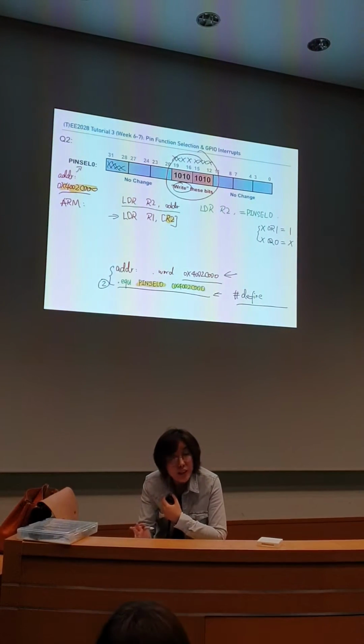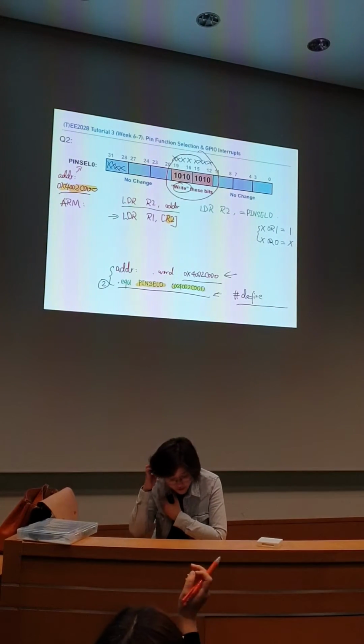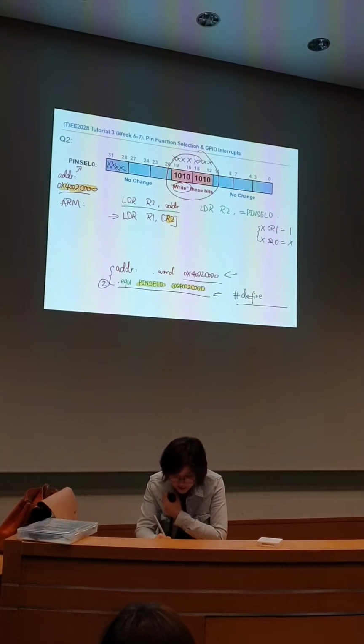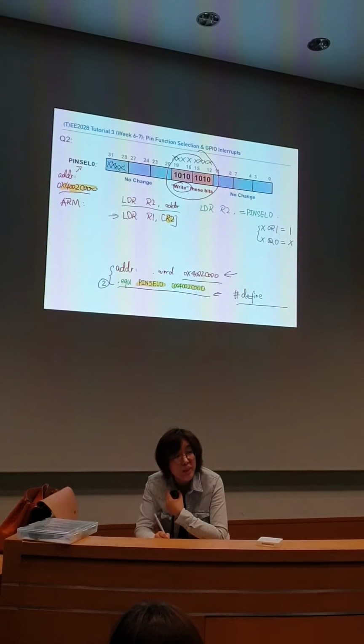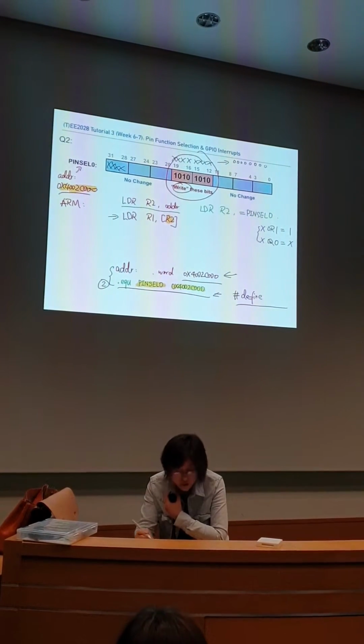Yeah, firstly correct, you cannot achieve this in one step. You need 2 steps to do this. Firstly, you can clear this range. Clear means I can firstly change these 8 bits to 0, 0, 0, 0, 0, 0, 0, 0.